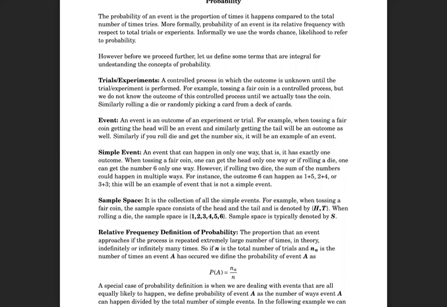Now, the simplest way we define probability is the number of times your desired outcome has happened divided by the total number of times you tried. So in essence, it is the event divided by the trial or experiment.